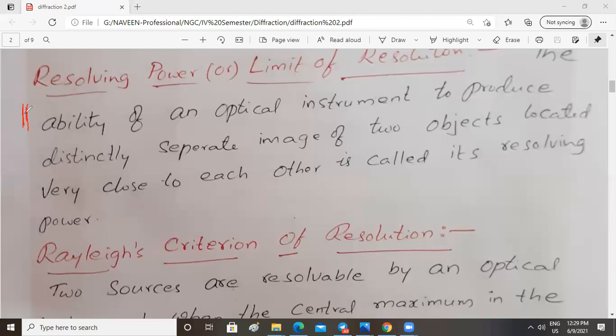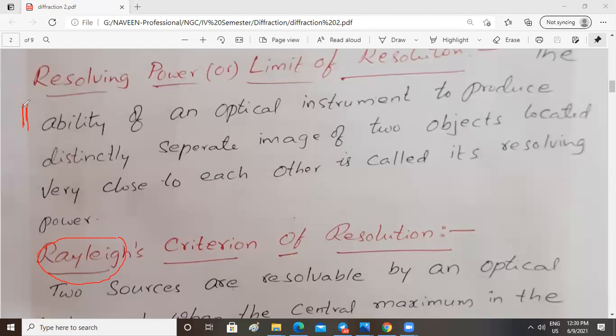So, to give a criterion for resolution, Rayleigh gave a criterion. That criterion is known as Rayleigh's criterion of resolution for any optical instrument. This criterion is for showing two objects separately by any optical instrument.